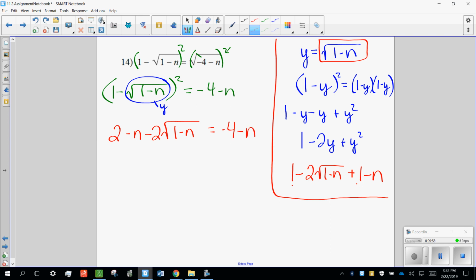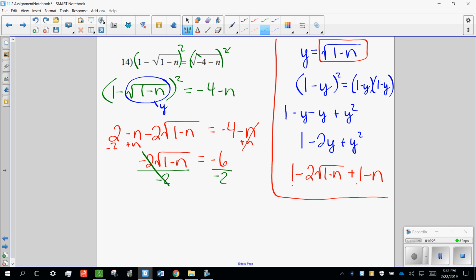Now we need to get everything that's not the square root to the other side. Negative 2 times the square root of 1 minus n is equal to, okay, let's subtract this 2. So negative 4 minus 2, that's negative 6. We have an n. Let's add n to both sides, and whoop, those are gone. So the next step would just be to divide by negative 2.